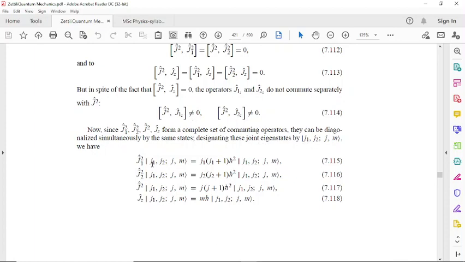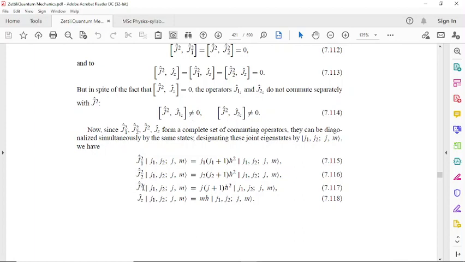Now we have J1 square |J1, J2, J, M>, which is acting on J1, so the result will be J1(J1+1)ħ² times the same eigenstate |J1, J2, J, M>. And similarly, J2 square gives J2(J2+1)ħ².